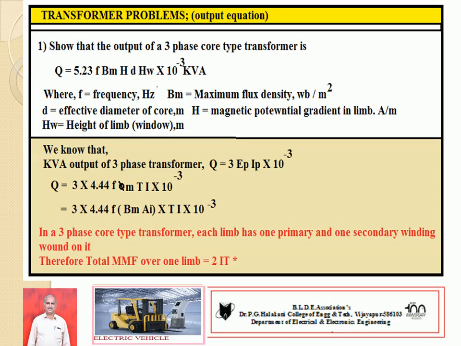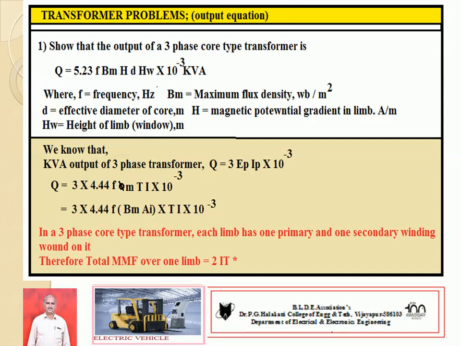So we have to solve simple problems. It is one problem. It is asked to derive the output equation for this expression. This means this problem mainly depends upon derivation. What are the basic derivations we are using?